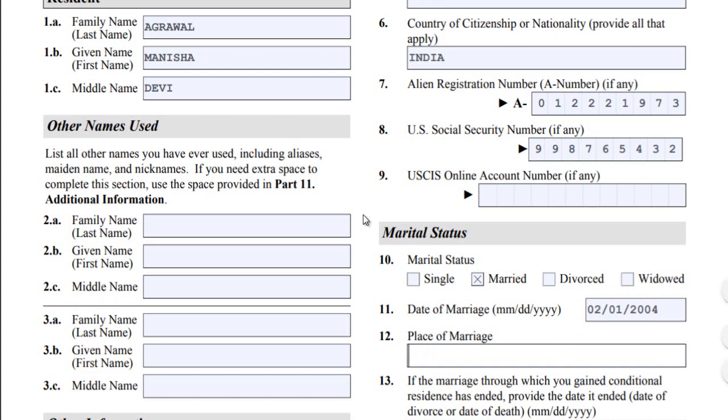In question 12, as you can see, it's asking for place of marriage. So this means you must enter city, state if it's in the U.S., and country if it's outside the U.S. So don't type the building or other location.